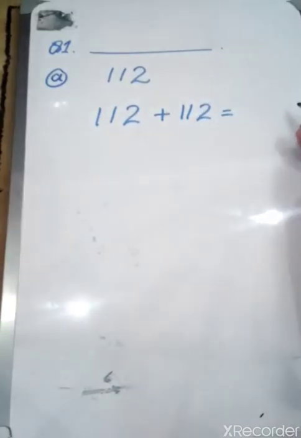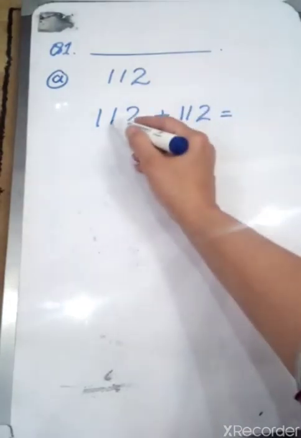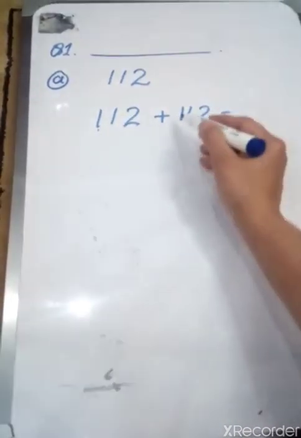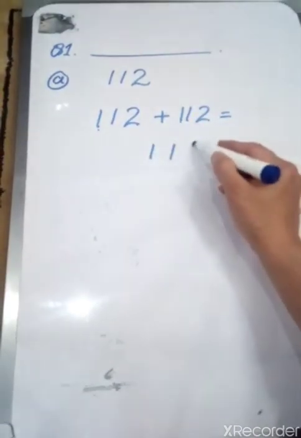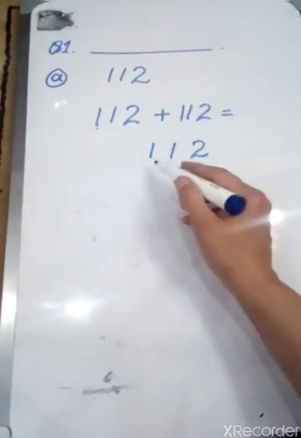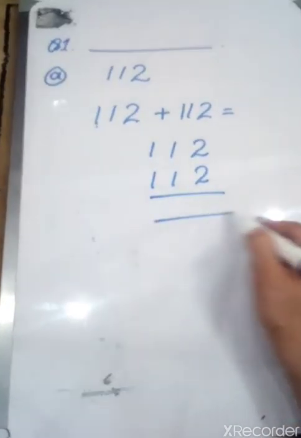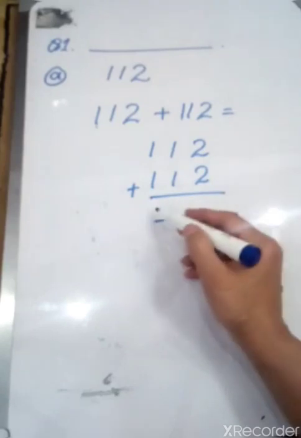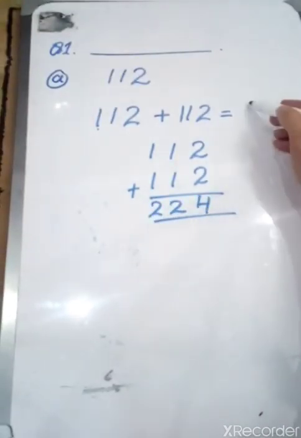Add the ones digit in ones place, tens in tens place and hundreds in hundreds place. If it's difficult for you, make a sum here below, add them, and you can find your answer very easily.